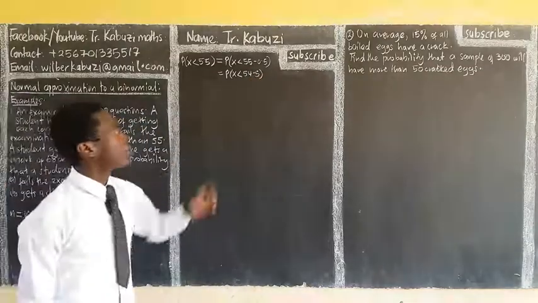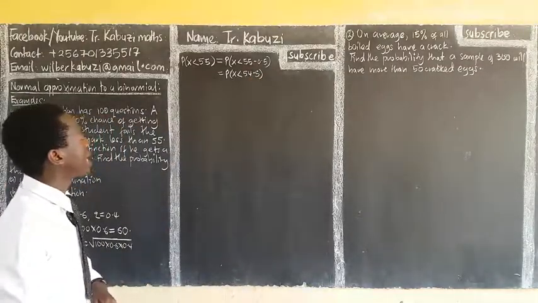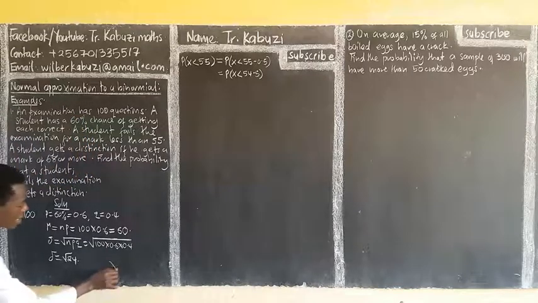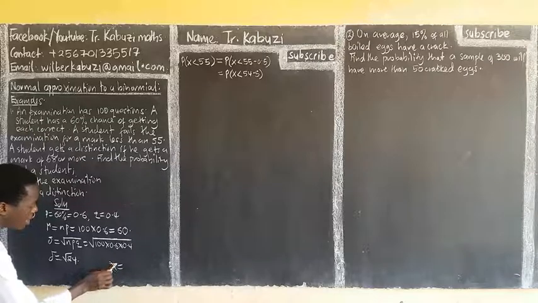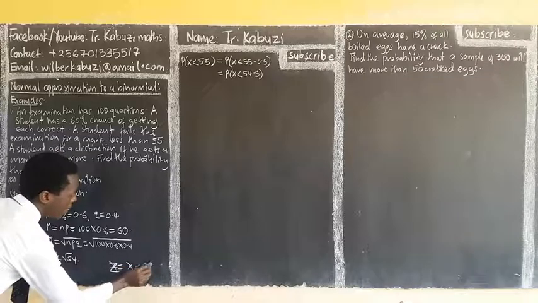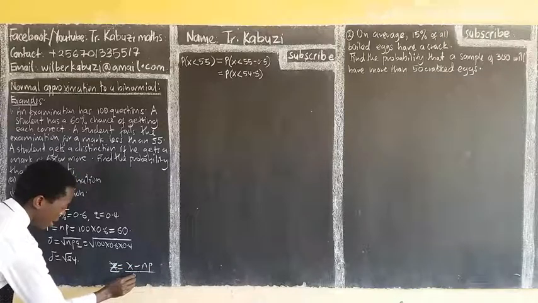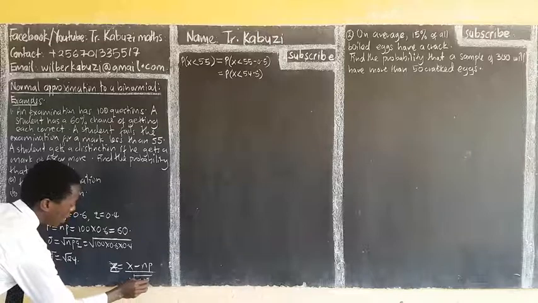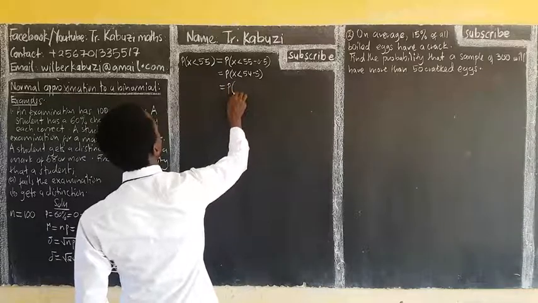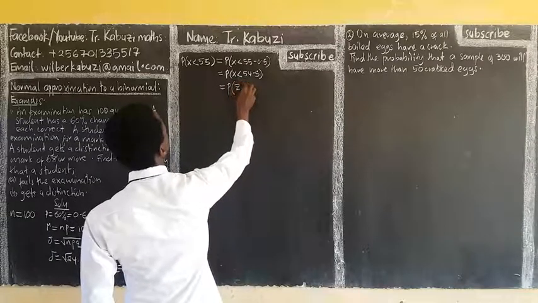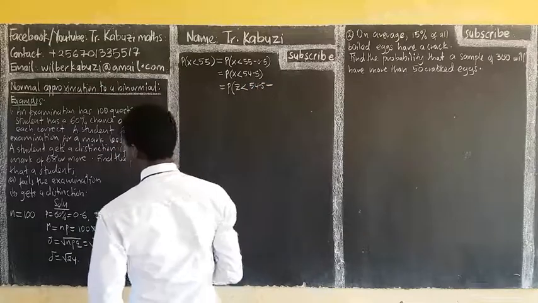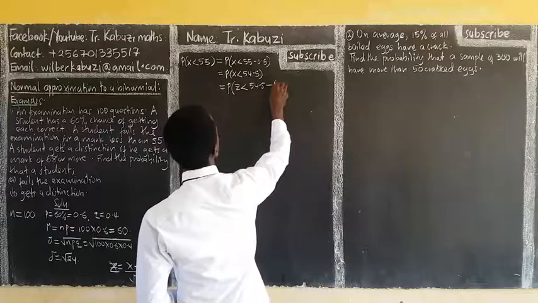Now this is in continuous form, and so we standardize it. The formula we are using in standardizing is given by z. Our z is given by x minus np over the root of npq. So now, putting it here, this will be the probability. Now x becomes z, and it is less than 54.5 minus np. Our np is 60.